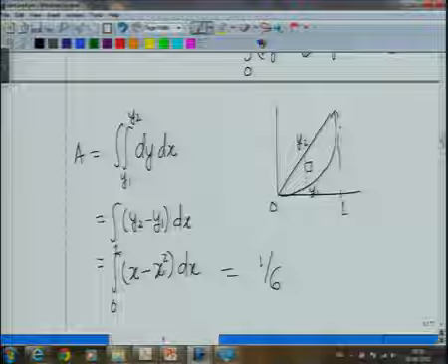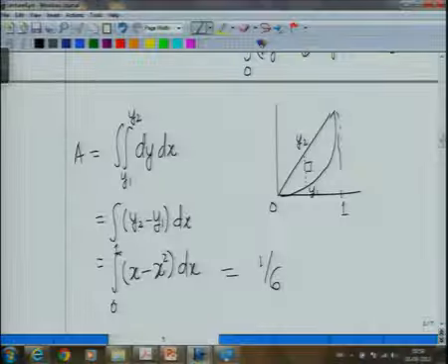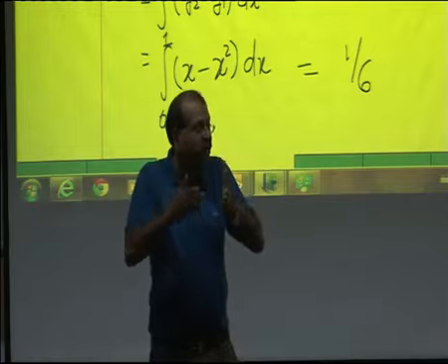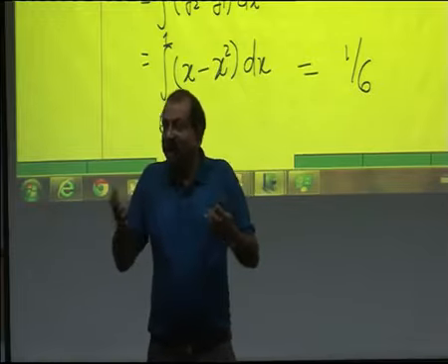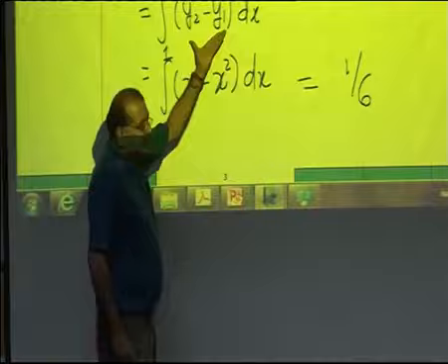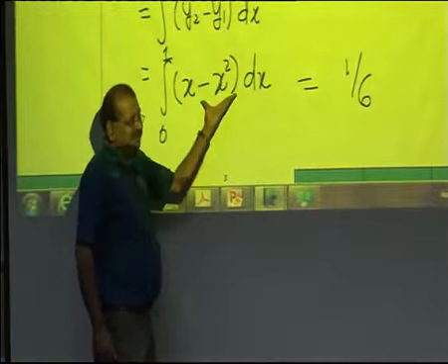You may have used other ways to find this out, that is, instead of choosing a small area of dx dy, you could have chosen strips. You could have chosen a horizontal strip or a vertical strip, and actually you realize this is nothing but a vertical strip.